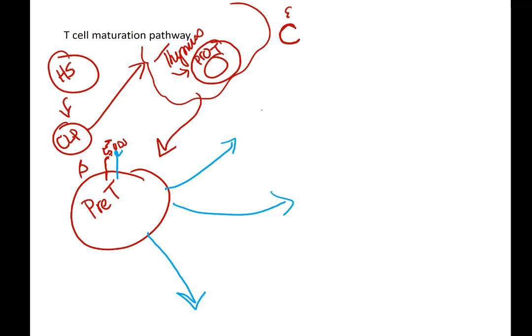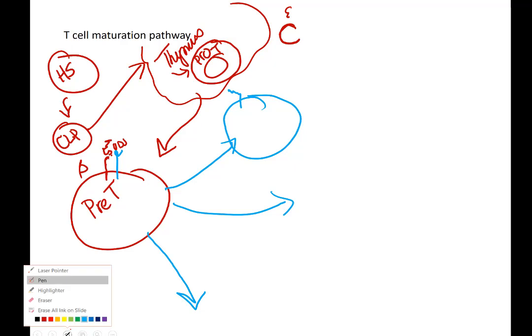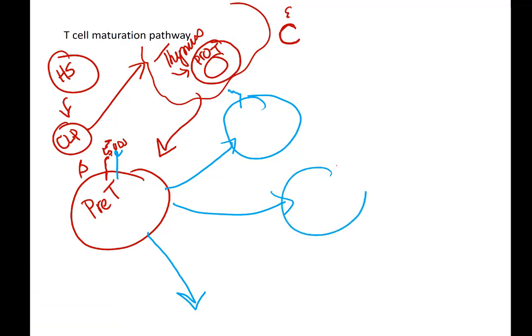An immature T cell. So this is going to become an immature T cell, and we're going to rearrange the alpha chain. Here we have the beta chain. Here, let me make the alpha chain. This is the alpha chain.